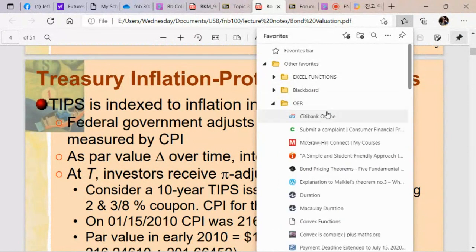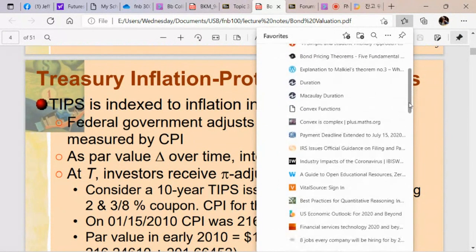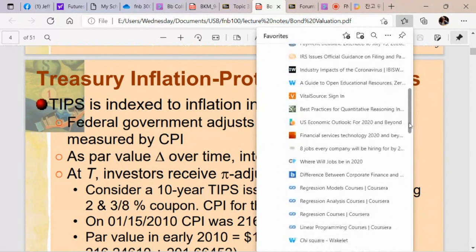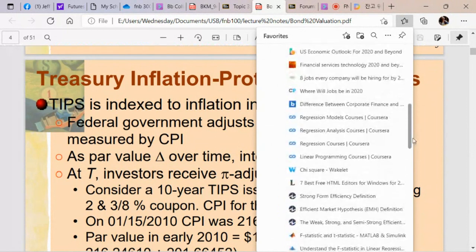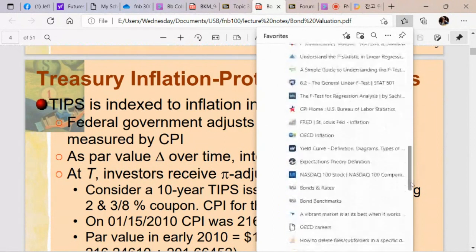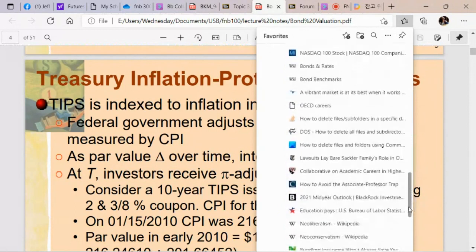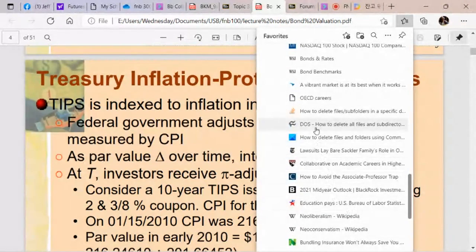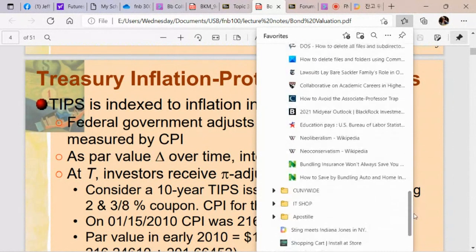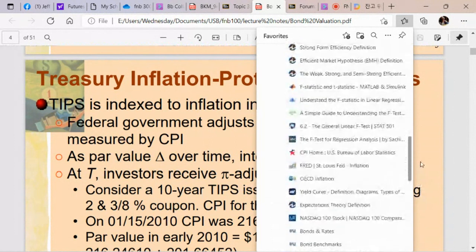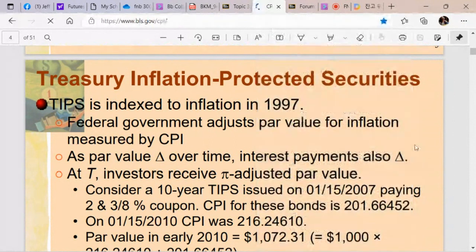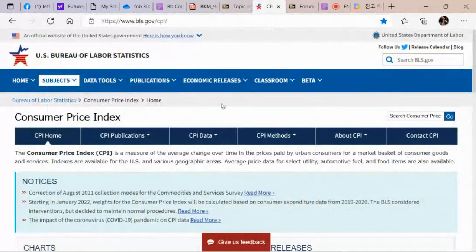Okay, CPI home, Bureau of Labor Statistics, right?